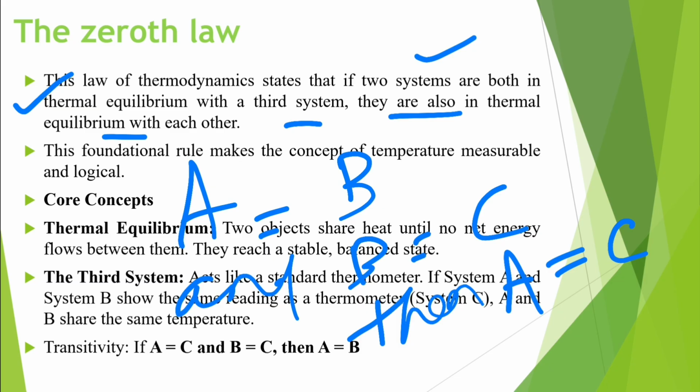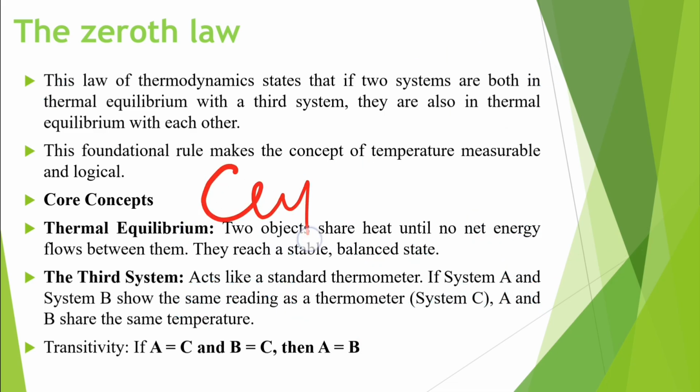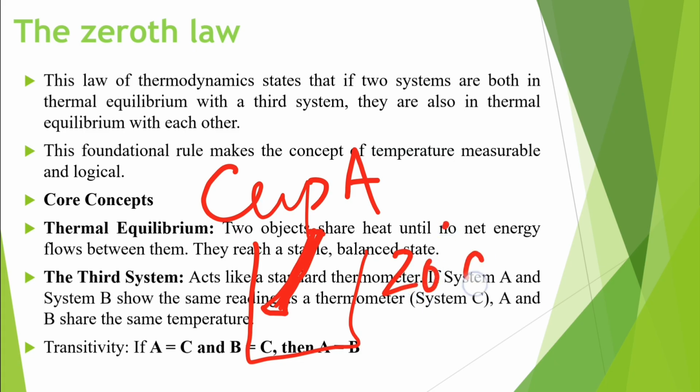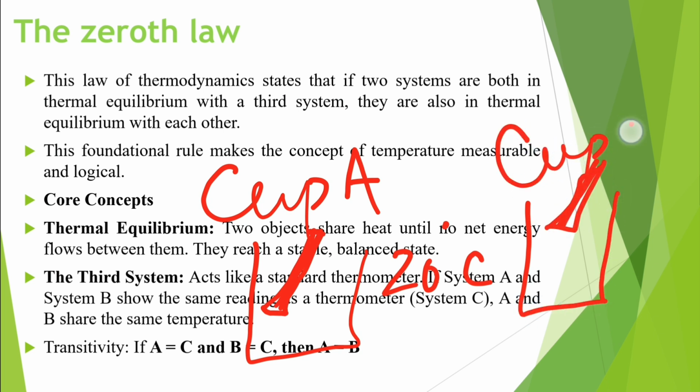Let me give you a daily life example. If we put a thermometer in cup A and it reads 20 degrees Celsius, then we remove that thermometer from cup A and put it in cup B, and cup B also has a temperature of 20 degrees Celsius.